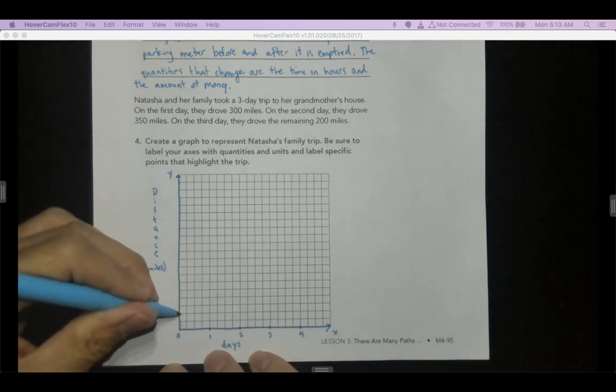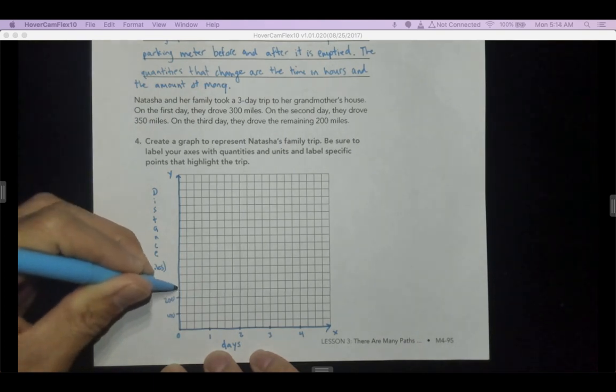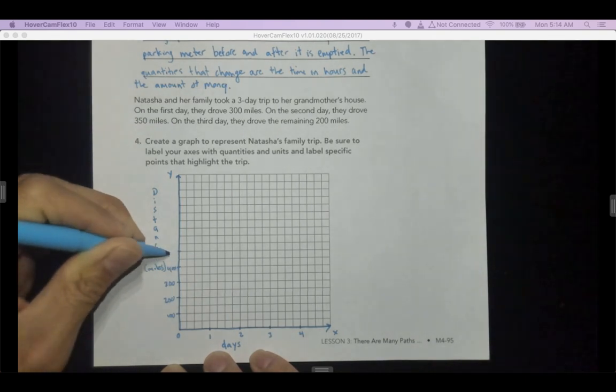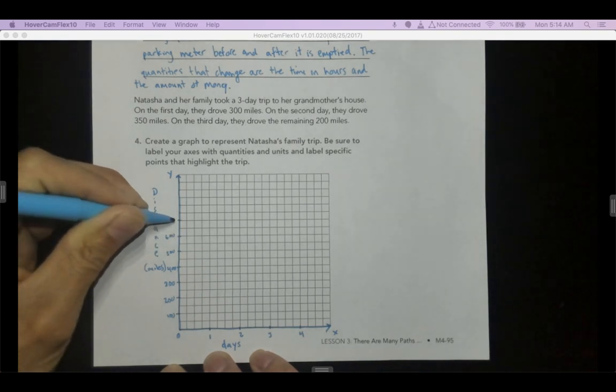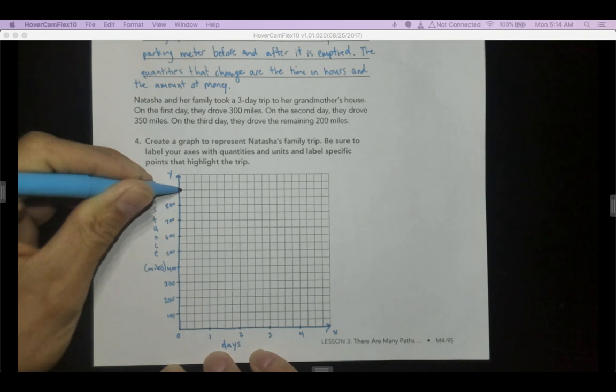Again, I'm trying to make sure I have an even interval.